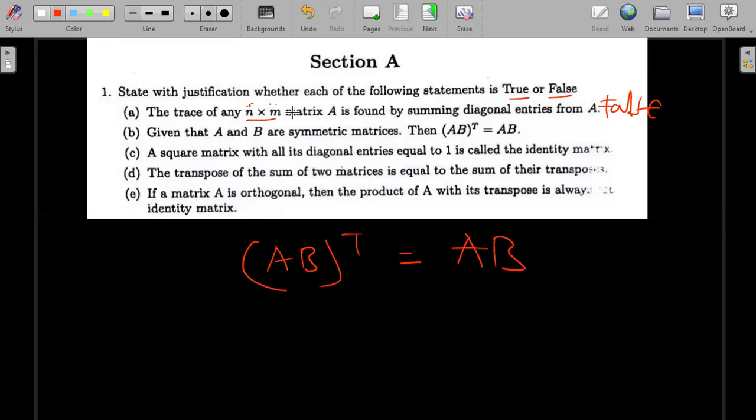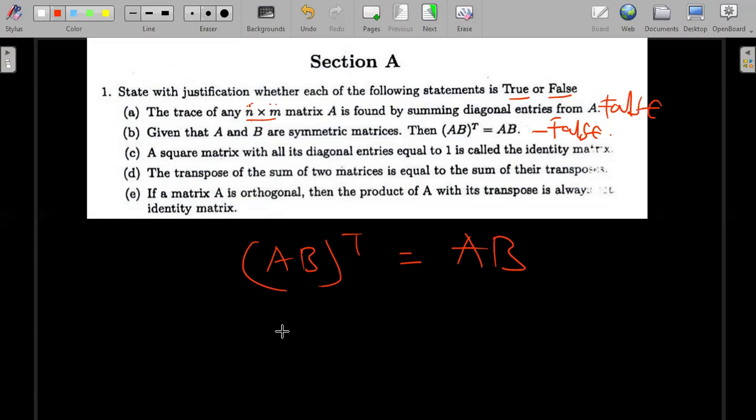We're going to say this statement on B is false. Why is it false? This is because the transpose of the product of two matrices is not the product of the transposes, but rather the commuted product of the transposes.